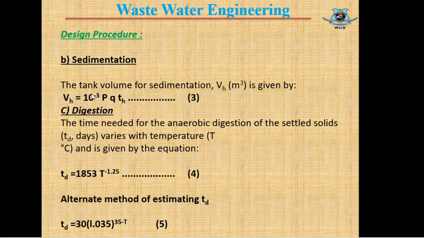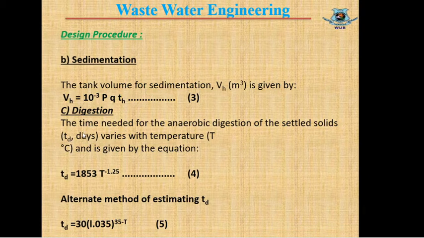The 10 to the power minus 3 is to convert from liter to meter cube. As Q is in liters, the total will be in liters, and we know 1000 liters equals 1 meter cube. So the 10 to the power minus 3 term converts liters into meter cube, so the volume will be in meter cube.